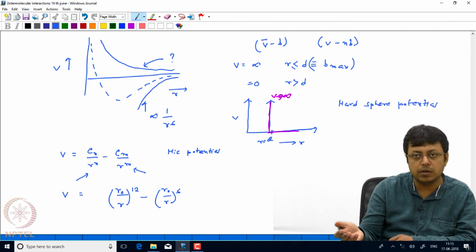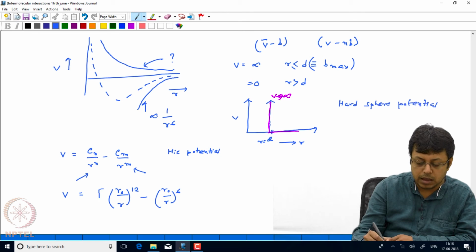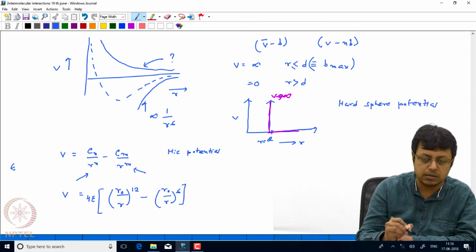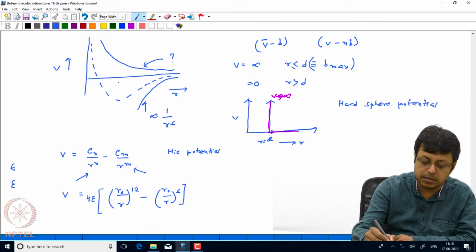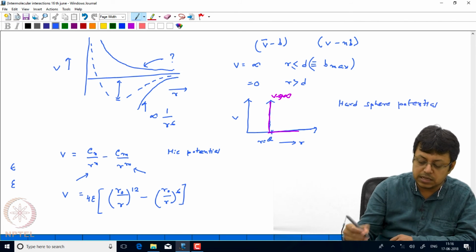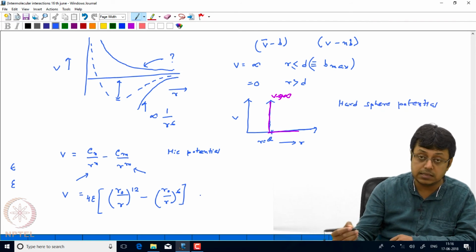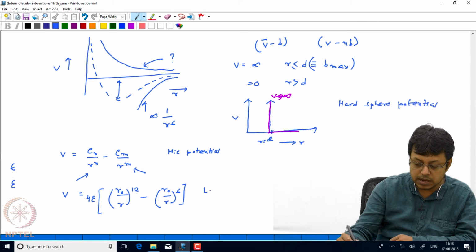The attractive model we are keeping as before, and then the overall thing is multiplied by a constant epsilon. We write epsilon this way because the notation epsilon is also used for permittivity. This epsilon is the minimum of the interaction energy, the minimum of this kind of potential. This model is known as the Lennard-Jones potential.